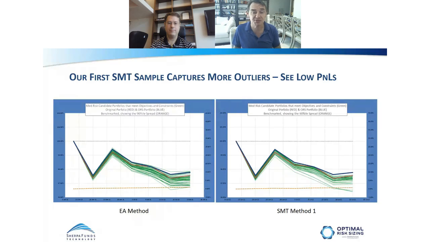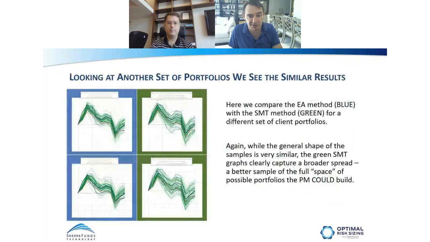So with these SMT methods, because we can create different starting conditions, and because of the way SMT operates, you end up with starting conditions which force you into a wider range of possible portfolios and force you to find the corner constraints, or the corner solutions, more easily.